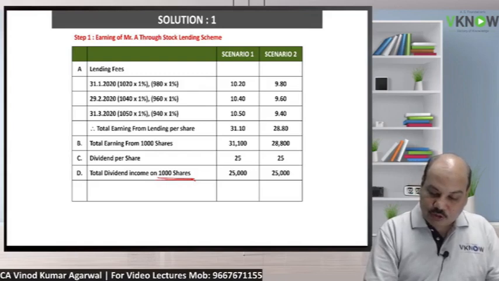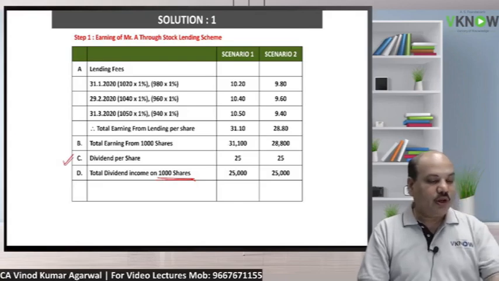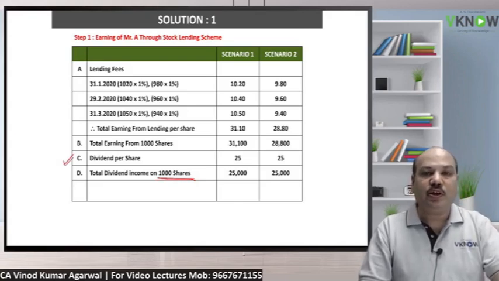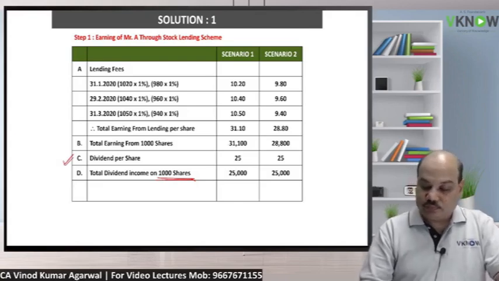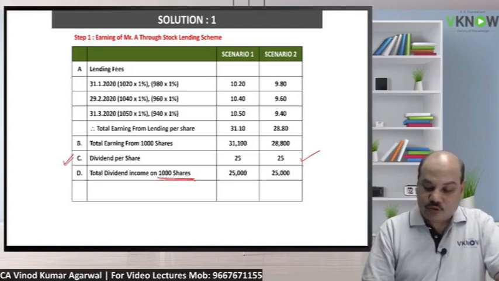You assume face value is 100 rupees. Okay. Institute in the original question had not mentioned what will be dividend per share, but in the corrigendum they have issued, they have mentioned it. So take dividend per share 25.